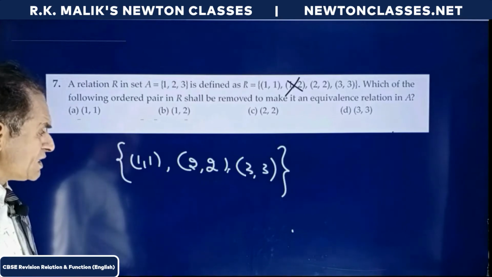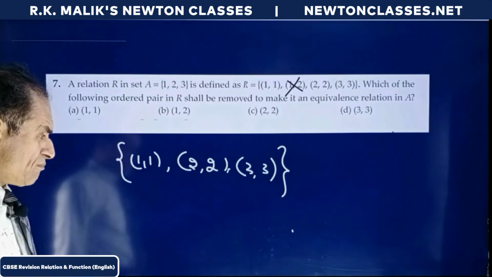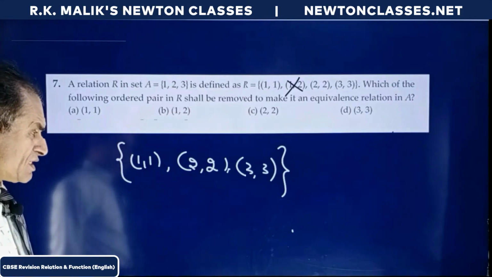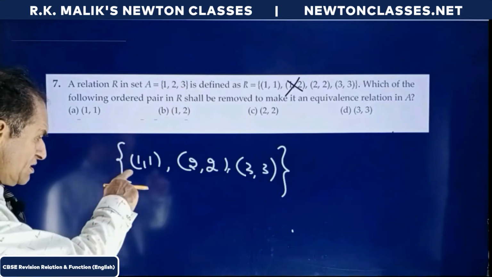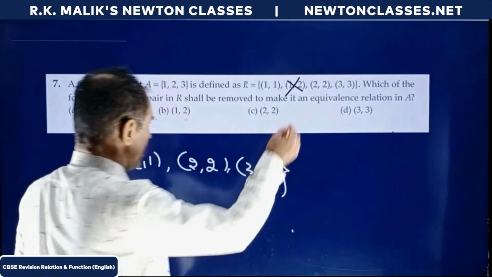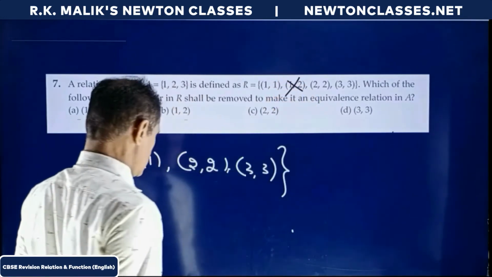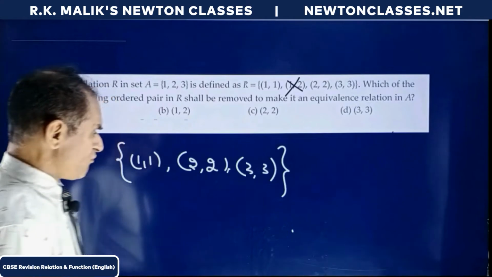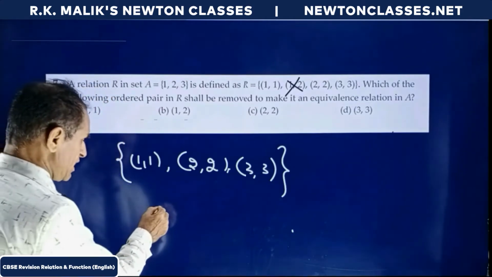Hence, it will be called a transitive relation, because the condition of transitive relation is not being dissatisfied. That is, after removing (1, 2), the relation I have got is reflexive, symmetric and transitive, all.